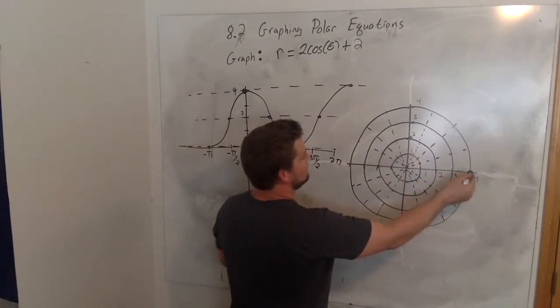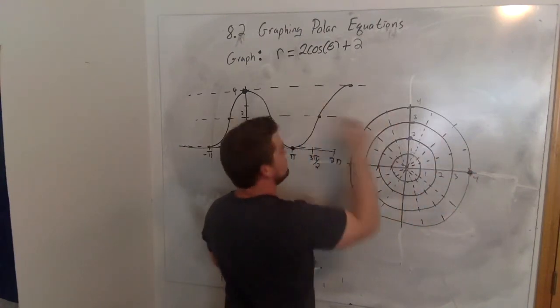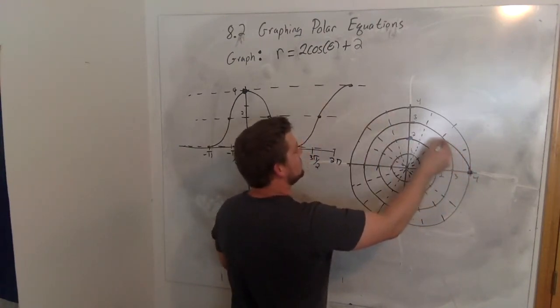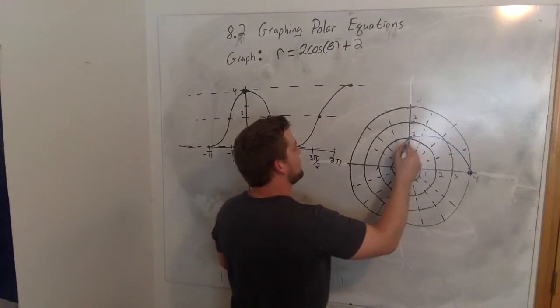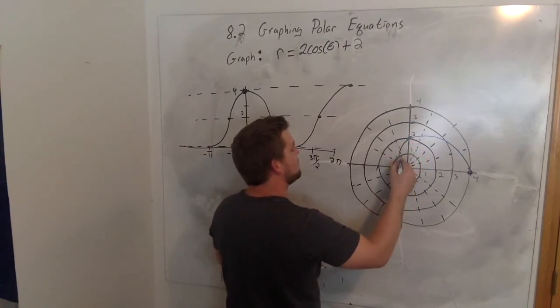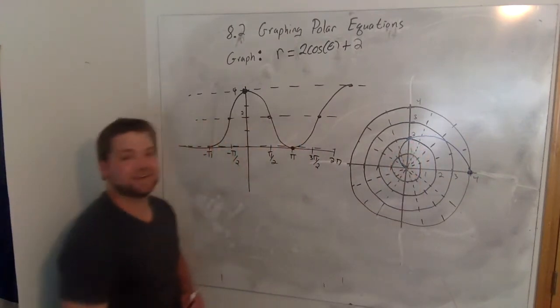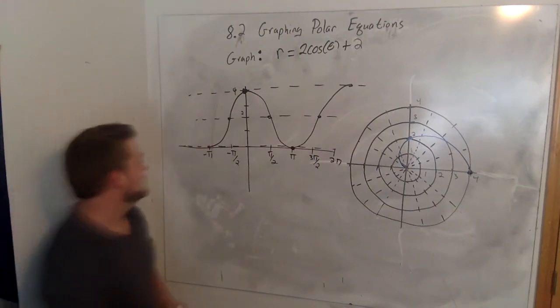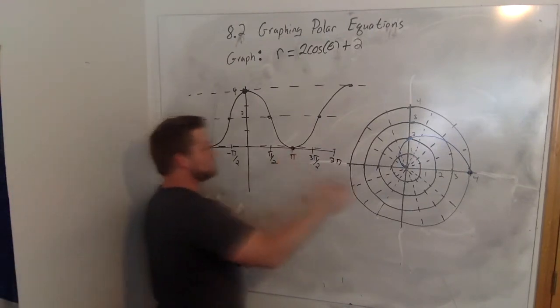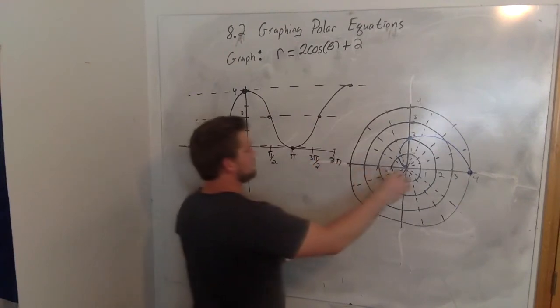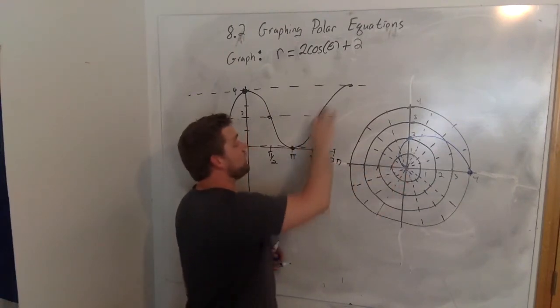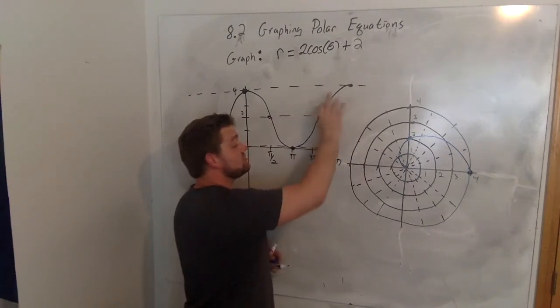The radius starts at 4, then it's going to get smaller and smaller as we rotate all the way to pi, and we have to keep bringing our marker closer to the origin. So something like this. Now that we're here, when we rotate from pi to 3 pi over 2, my radius is still positive.